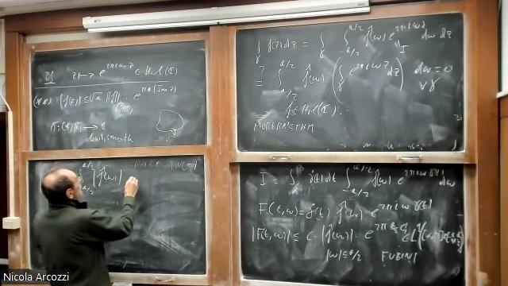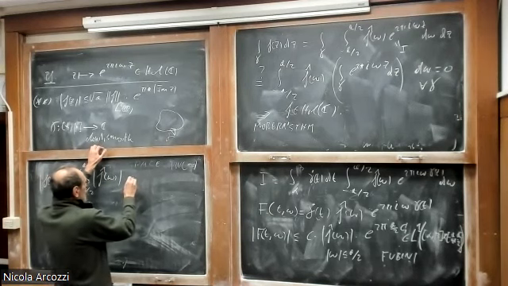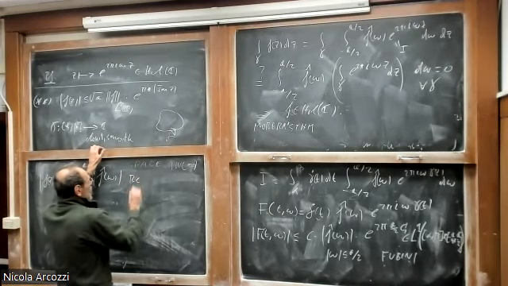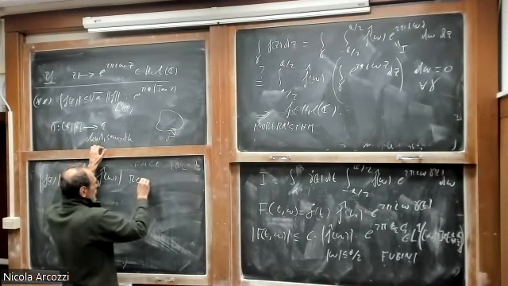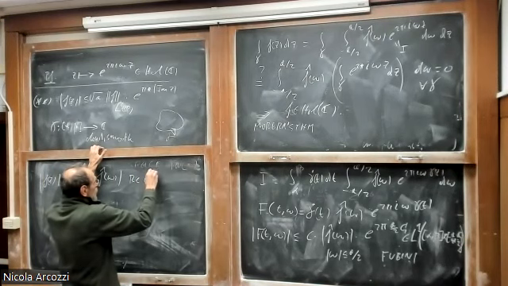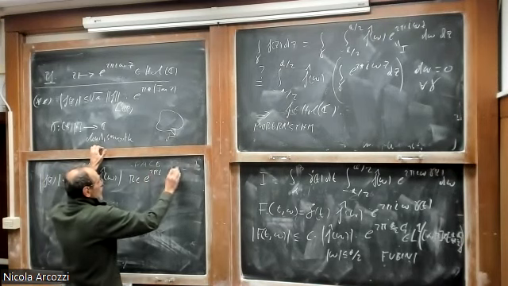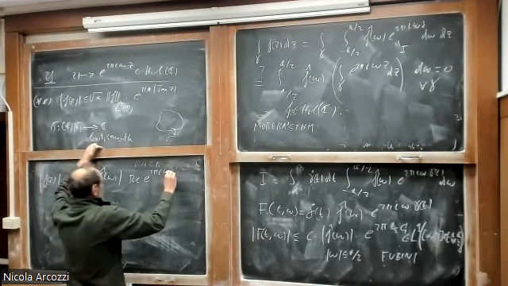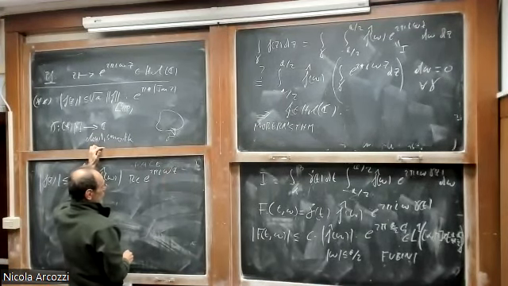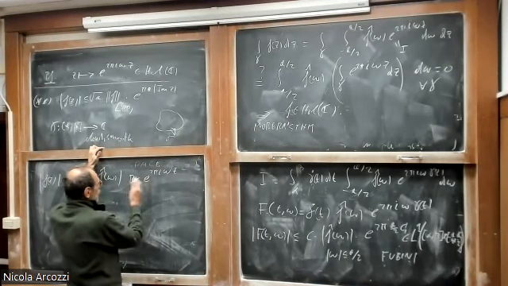And here we have the explanation, so we get the real part of e to the 2 pi i omega z. No, the modulus.